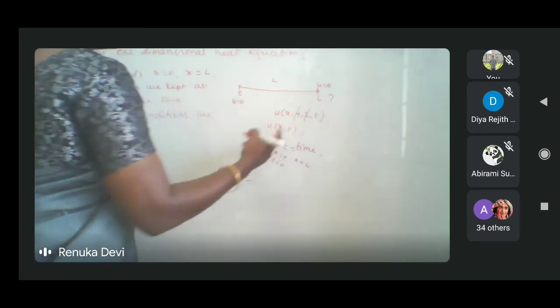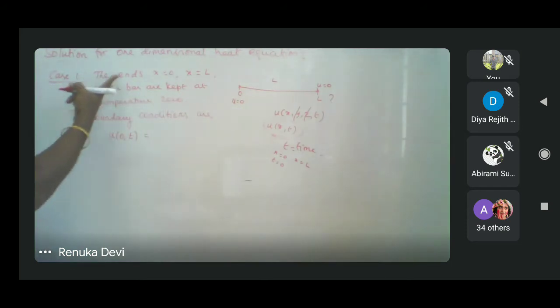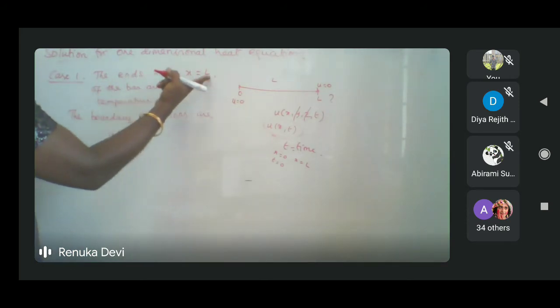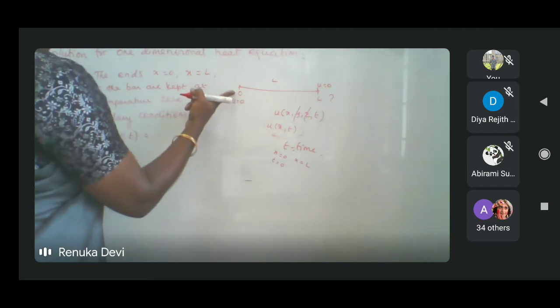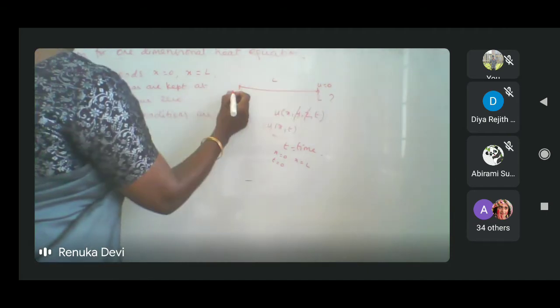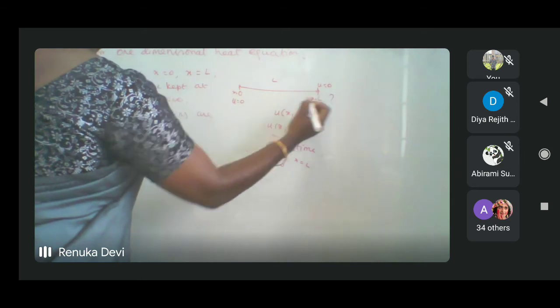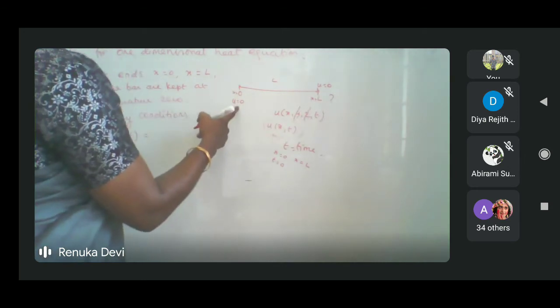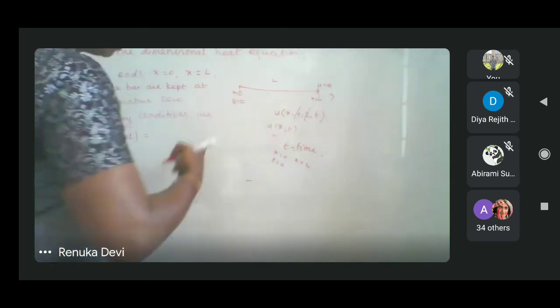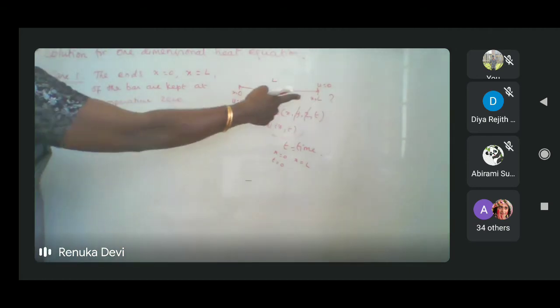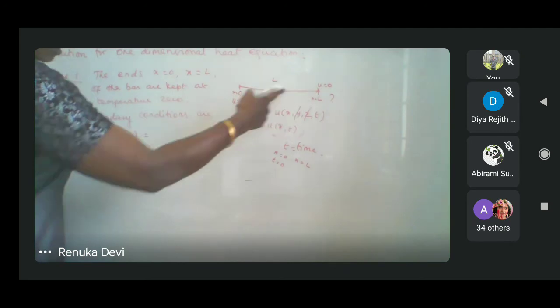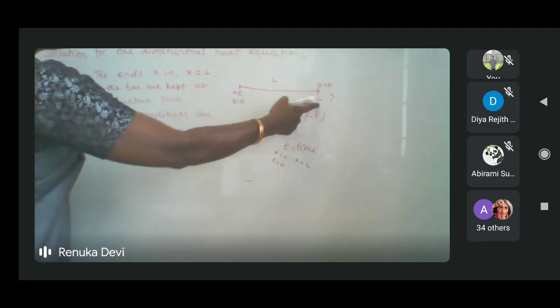That is clear. We assume that the ends x equal to 0 and x equal to L are kept at 0 temperature. So this end is 0 and this end is 0. This is x equal to 0, this is x equal to L. At x equal to 0, u is 0. At x equal to L, u is 0. Therefore, whatever the time, the temperature will be 0 at both the ends.